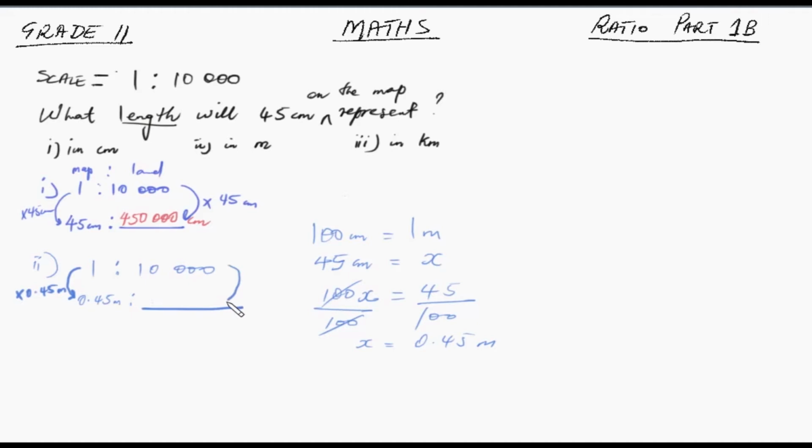So you just multiply this by 0.45 meters. When you multiply 10,000 by 0.45, we get 4,500 meters.